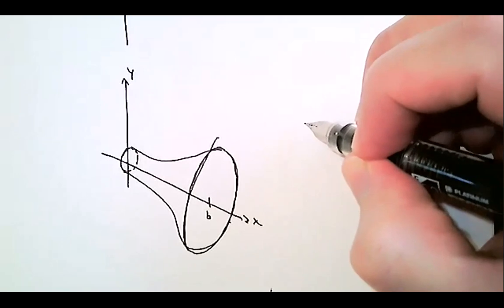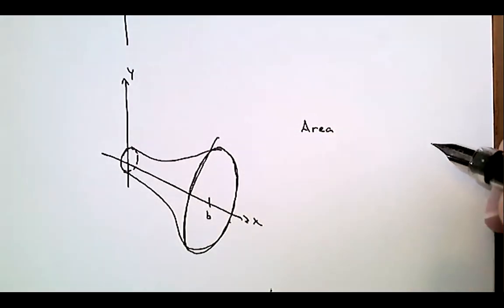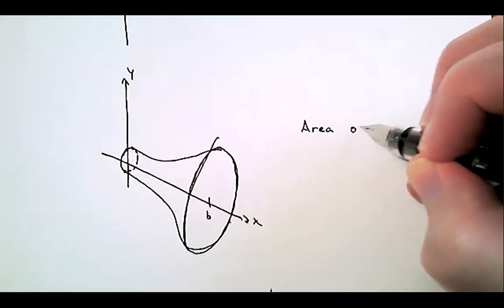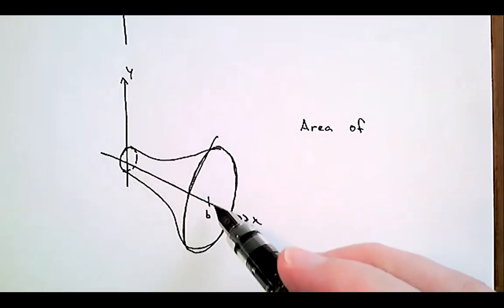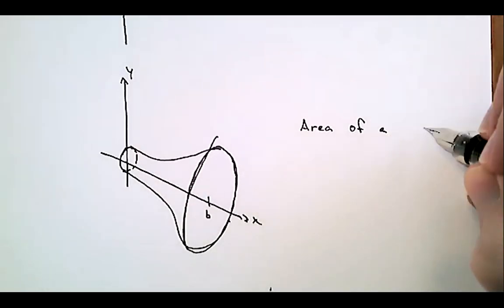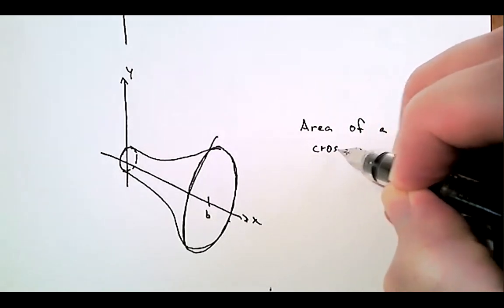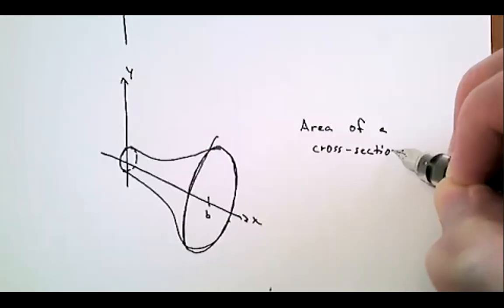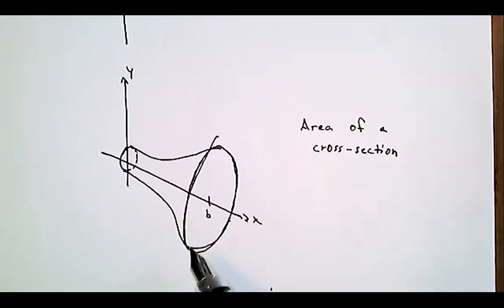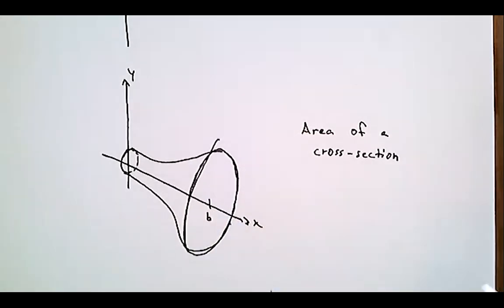So if I want to start talking about volume, remember from the last few examples that I need to find the area of a cross section and then integrate that along the length of my object. And the area of any of my circles is just the formula for the area of a circle, pi r squared.